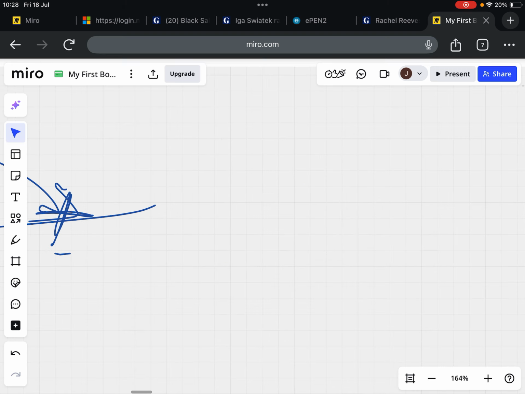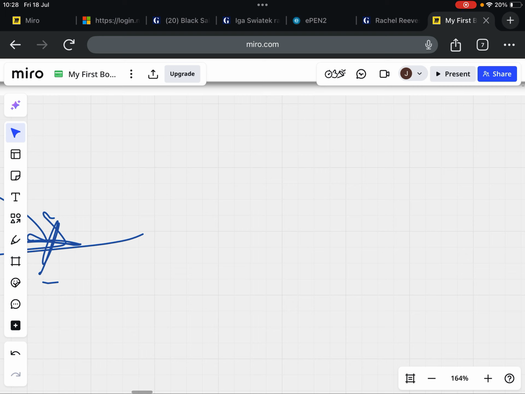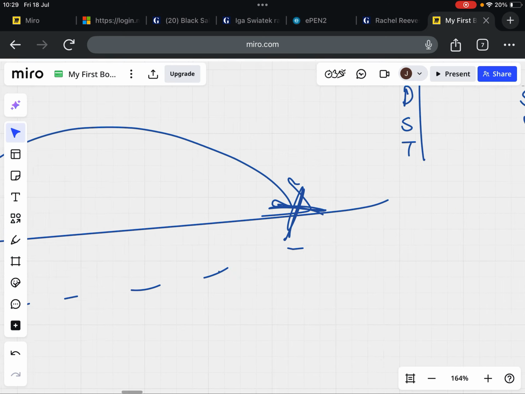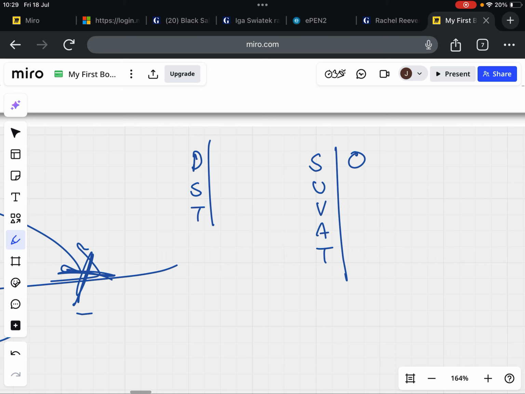Okay, so let's get to it. I'm going to start by writing my SUVAT, and we'll do just DST as well. For my SUVAT, if I'm talking about when it hits the plane again, I'm going to go with s equals 0.